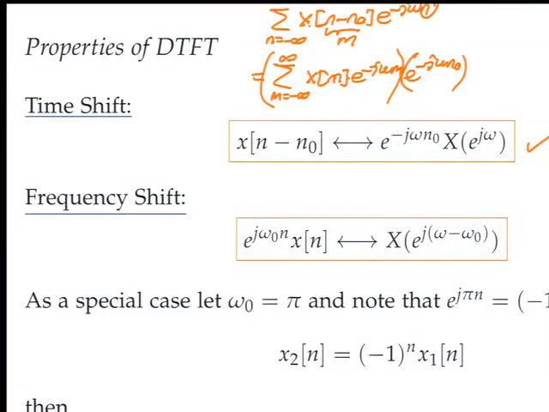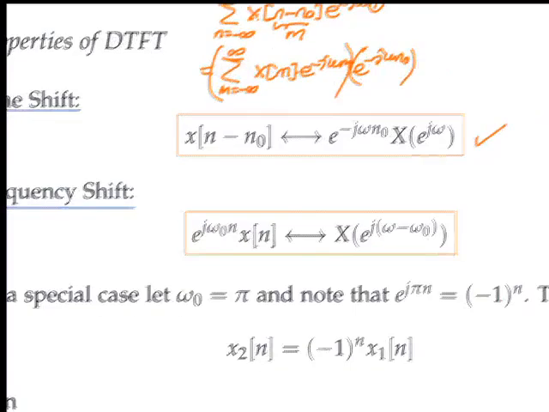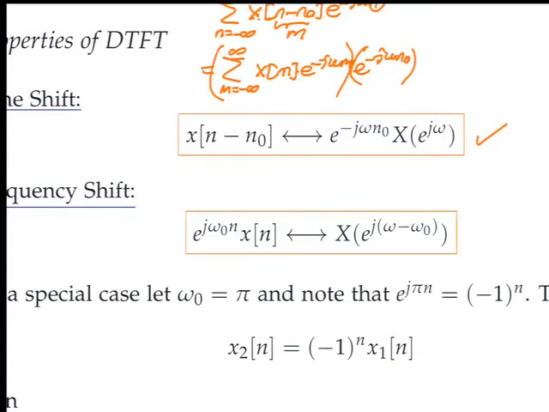All right, so next property, frequency shift. That's sort of dual. So if I shift this Fourier transform by omega naught, that's the same as multiplying the time domain signal with the sinusoid e to the j omega 0 n. That's called the modulation property or the frequency shift property. We did the same thing in continuous time, and we had a nice example for that.